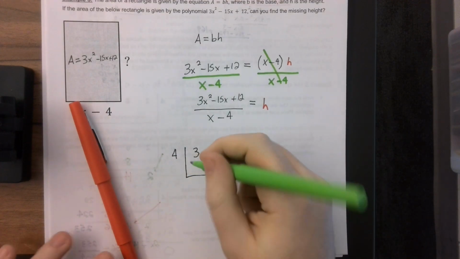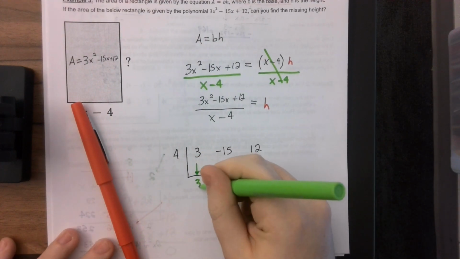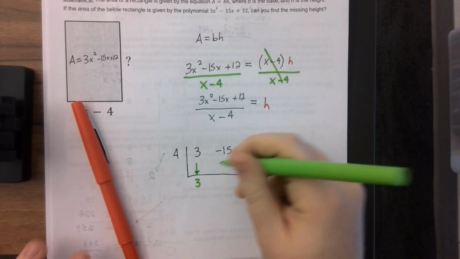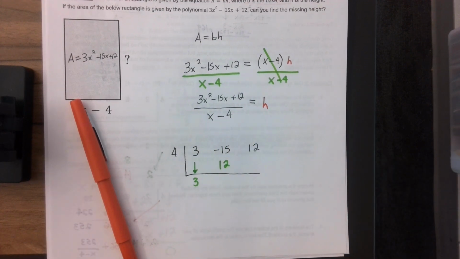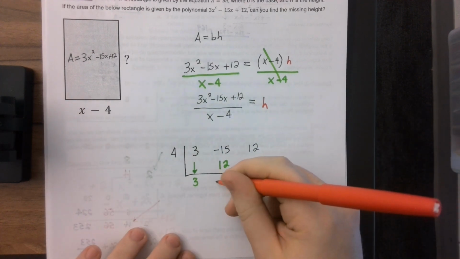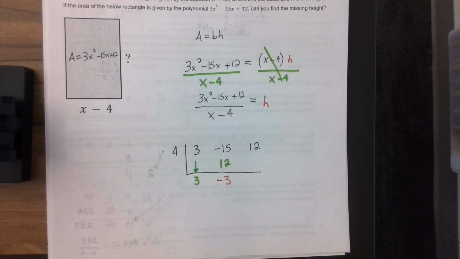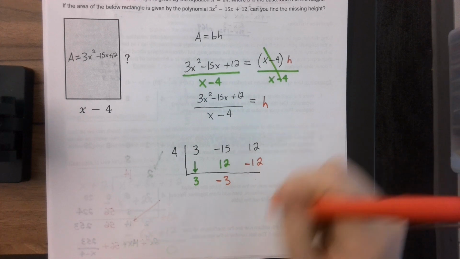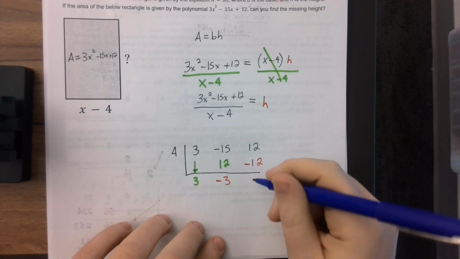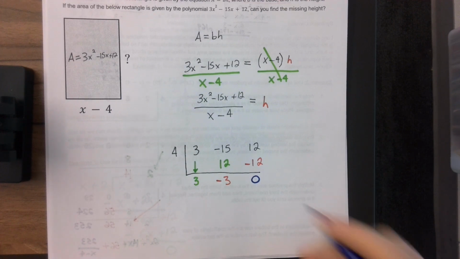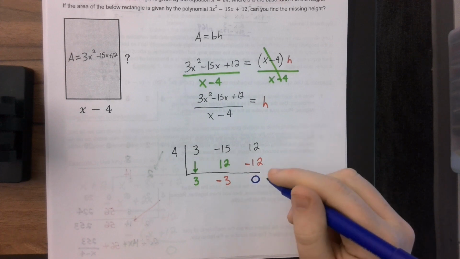And we begin. Drop the leading coefficient down, then do k times your leading coefficient. That's 12. Well, negative 15 plus 12 is going to give us negative 3. So now we multiply again. 4 times negative 3 is negative 12. But negative 12 plus 12 is 0. Our remainder is 0.